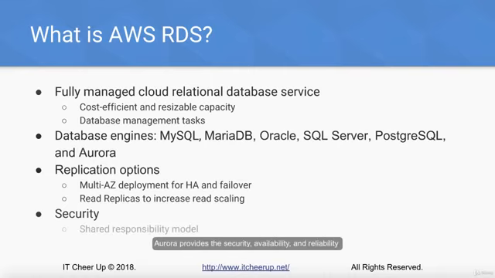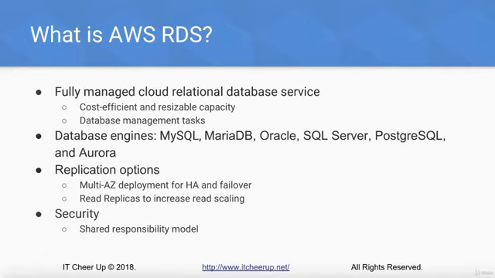Aurora provides the security, availability, and reliability of commercial-grade databases at 1/10 the cost. So Aurora is a very powerful relational database engine. AWS recommends everybody use Aurora. We will have one section just focused on Aurora.